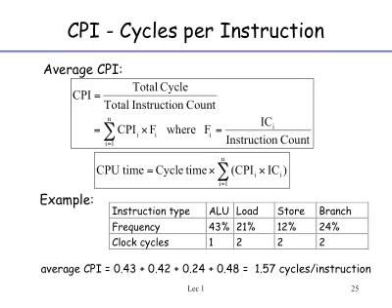Let's do a very simple calculation here. CPI is the average CPI. That is the total number of cycles divided by the total instruction count.